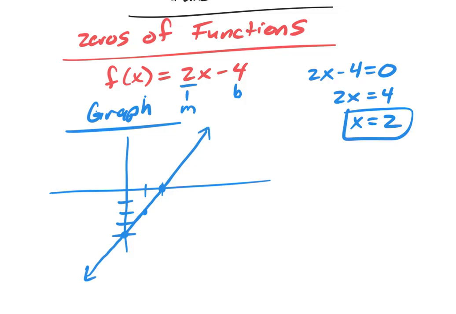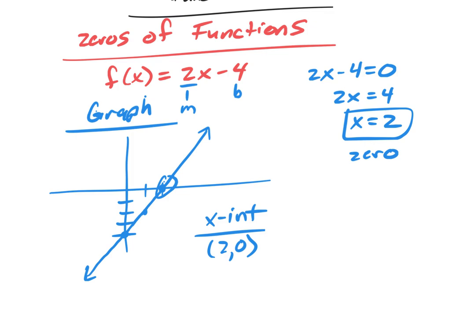And what we notice is my x-intercept is (2, 0), which is the same value that I got here. So the x-intercept and the 0 are essentially the same thing. We always write the x-intercept as an ordered pair because it's on a graph. We just write the 0. We would say this is the 0 of the function.